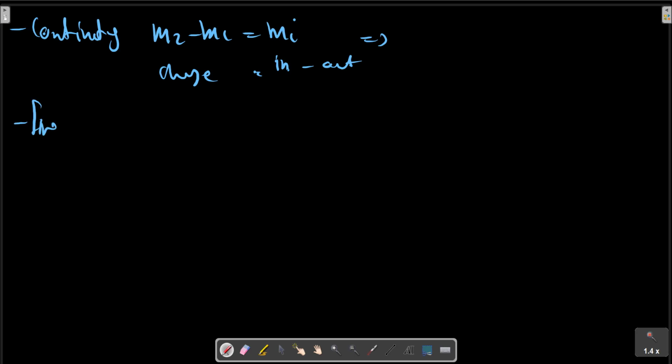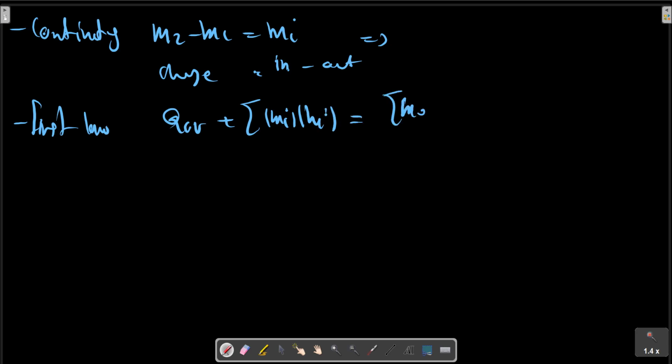From first law we have Q control volume plus mi hi minus me he equals m2 u2.